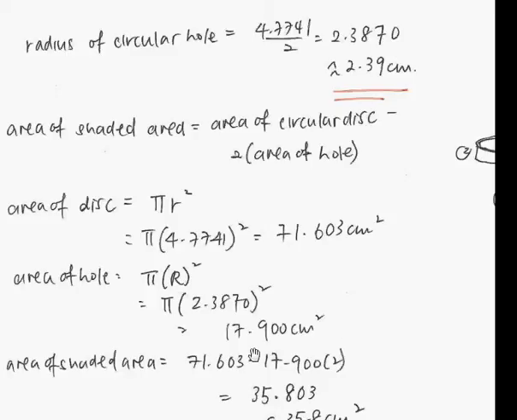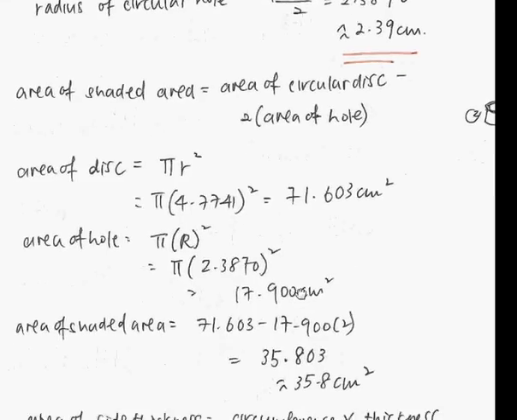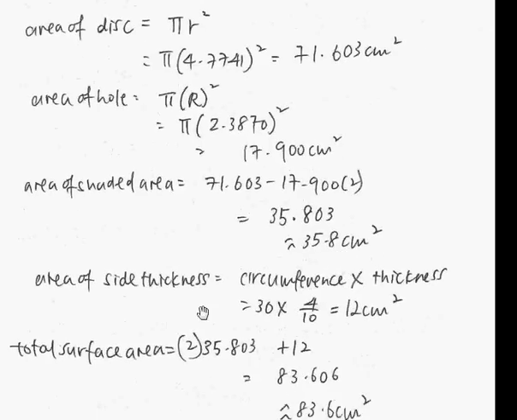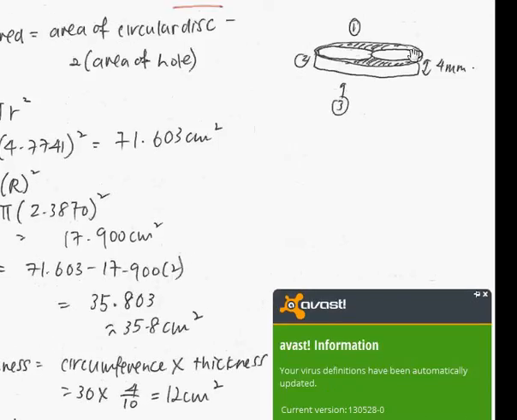So the area of one hole is 17.900 centimeters square. So the total area of the shaded portion is 71.603 minus 2 times the area of the hole, and we get 35.803 centimeters square.